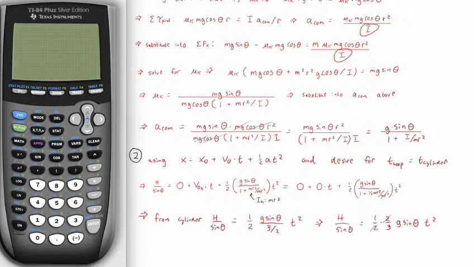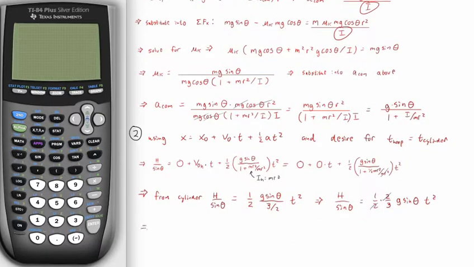So then for our time, we're going to multiply both sides by 3, so we're going to have 3h divided by g sine squared theta, and that's going to be inside the square root.